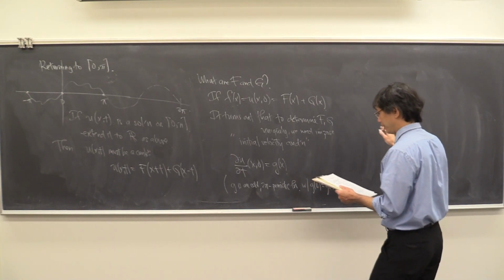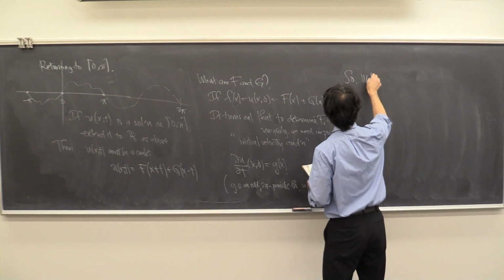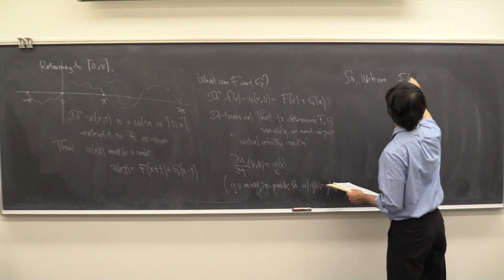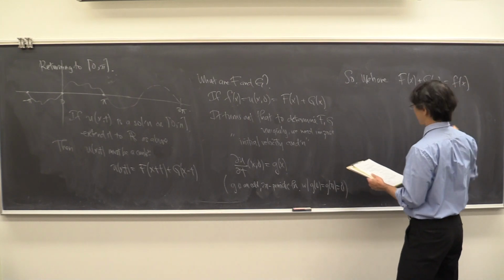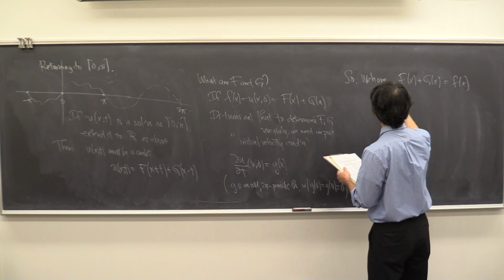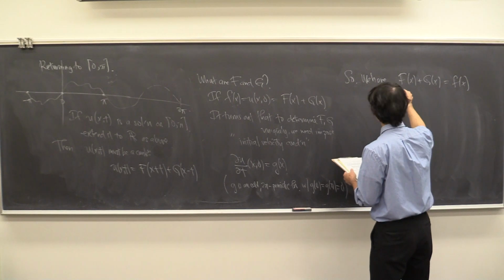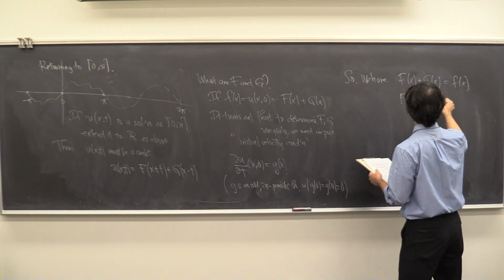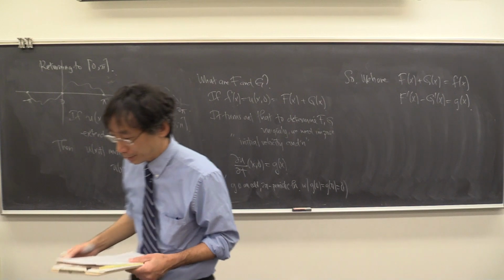Okay, so we have that F of x plus G of x is little f of x. We have F prime of x minus G prime of x equals g of x, right?